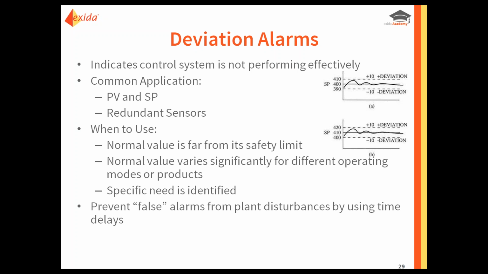So the recommendation is really to not implement deviation alarms across the board, but really only when they're needed or when they're the best or appropriate alarm type to use. So look for guidelines or guidance similar to that.